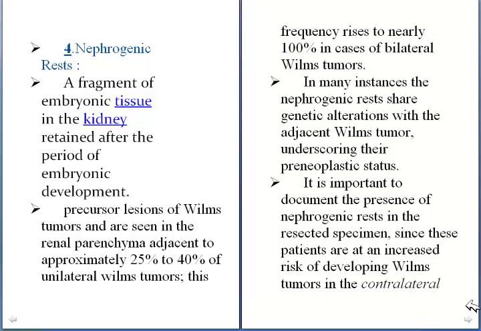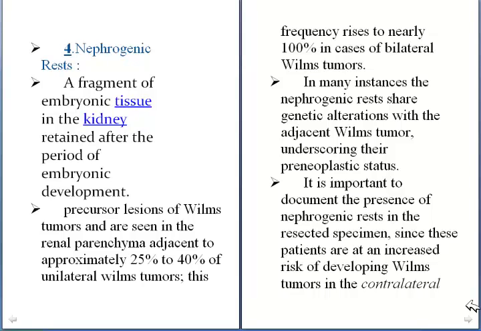And they are the precursor lesions of the Wilms tumor, and they are seen in renal parenchyma adjacent to approximately 25% to 40% of the unilateral Wilms tumor, and this frequency rises to nearly 100% in cases of bilateral Wilms tumors. And in many instances, the nephrogenic rests share genetic alterations with the adjacent Wilms tumor, underscoring their pre-neoplastic status.